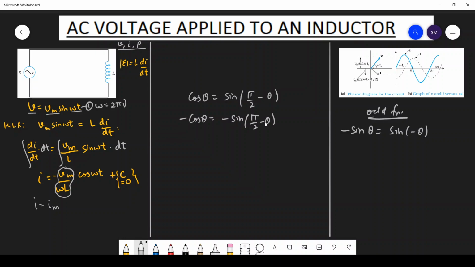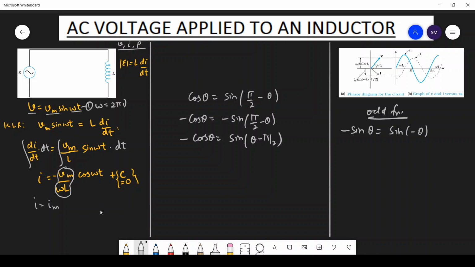So this minus will go inside. So minus cos theta equals sine of theta minus pi by 2. This is the thing I need to use.